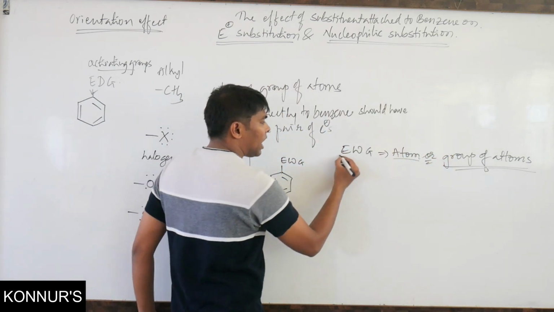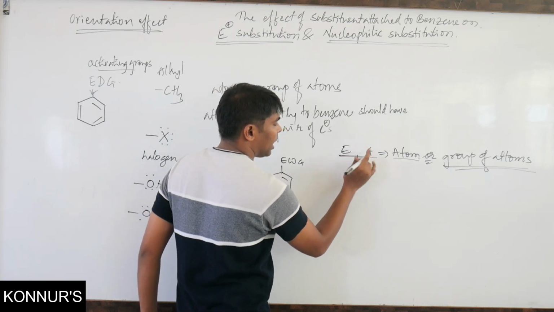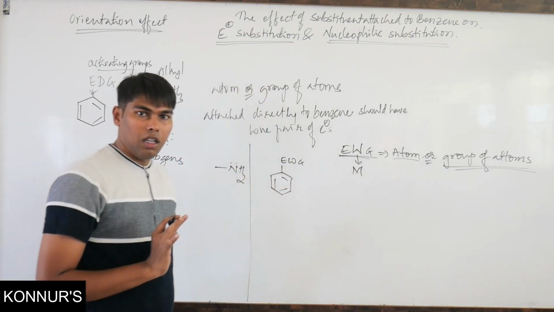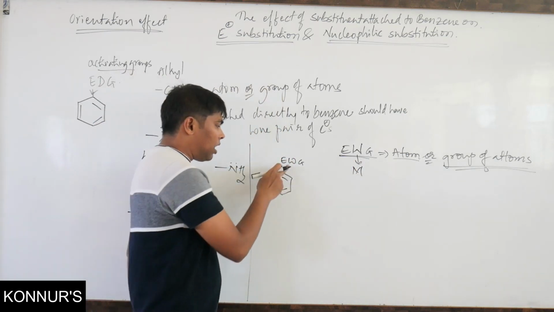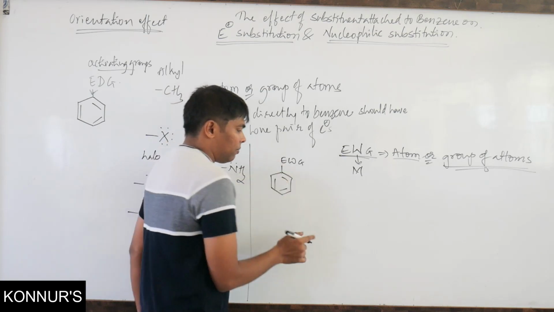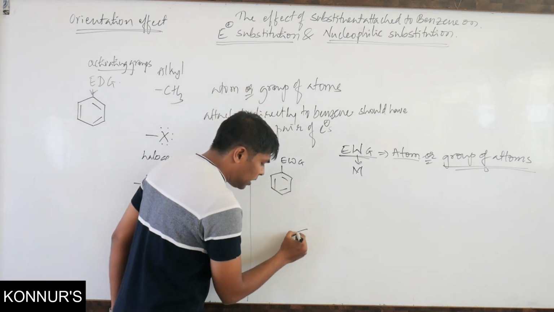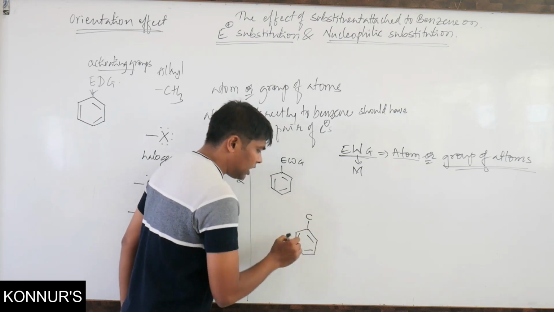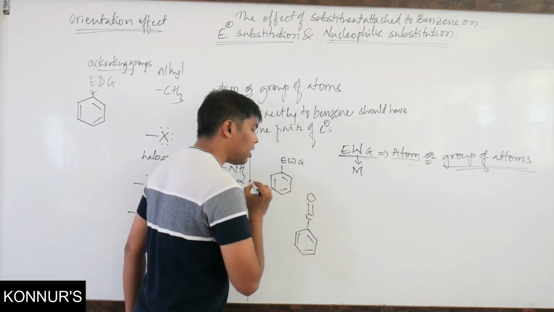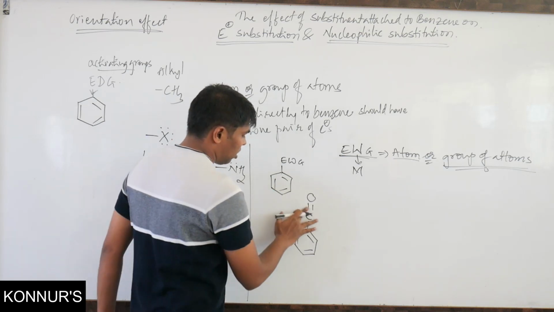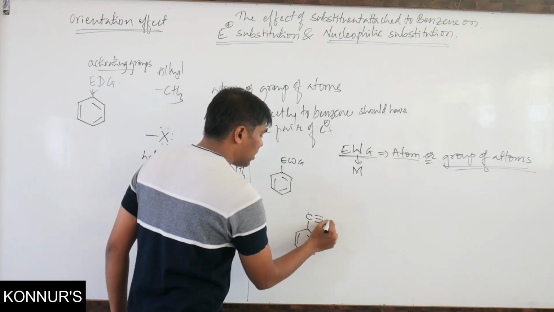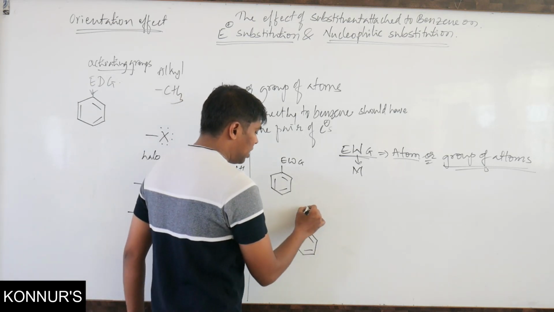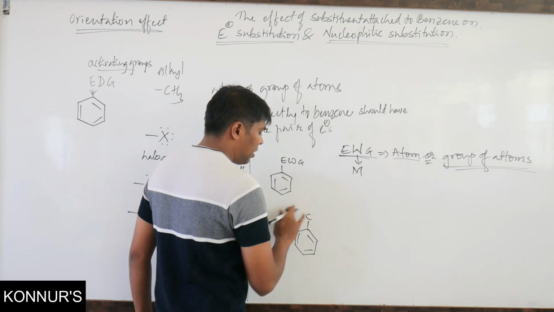As I already told, an electron withdrawing group contains a multiple bond attached to the carbon which is bound to the benzene ring. So the carbon bound to the benzene ring should contain a multiple bond with oxygen, or a multiple bond with nitrogen.